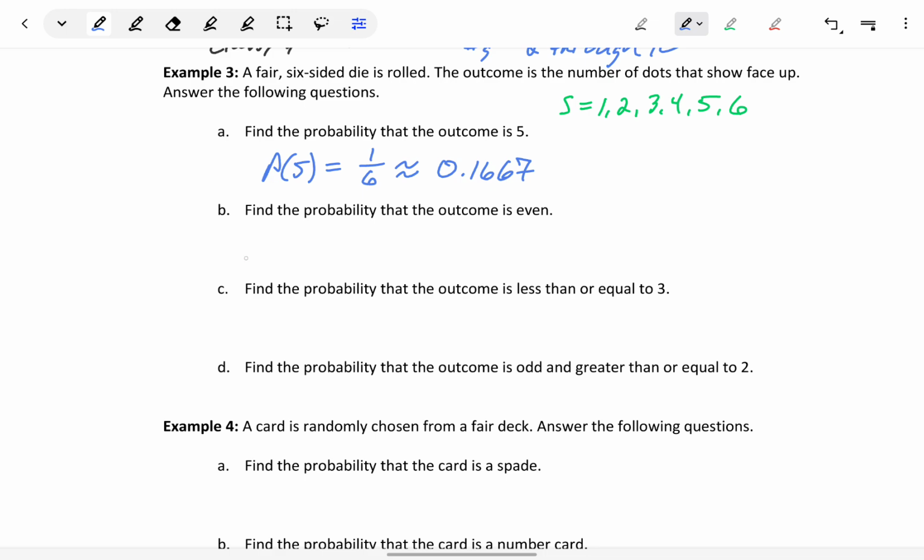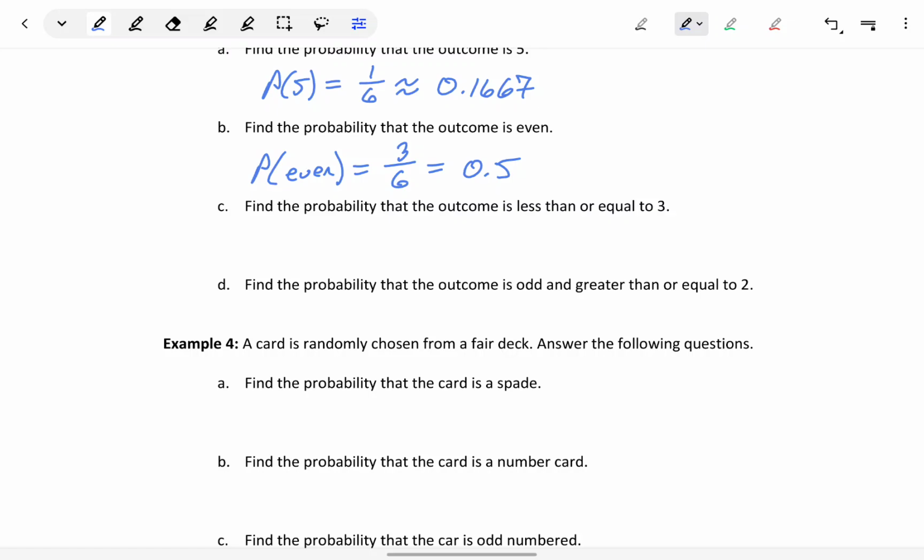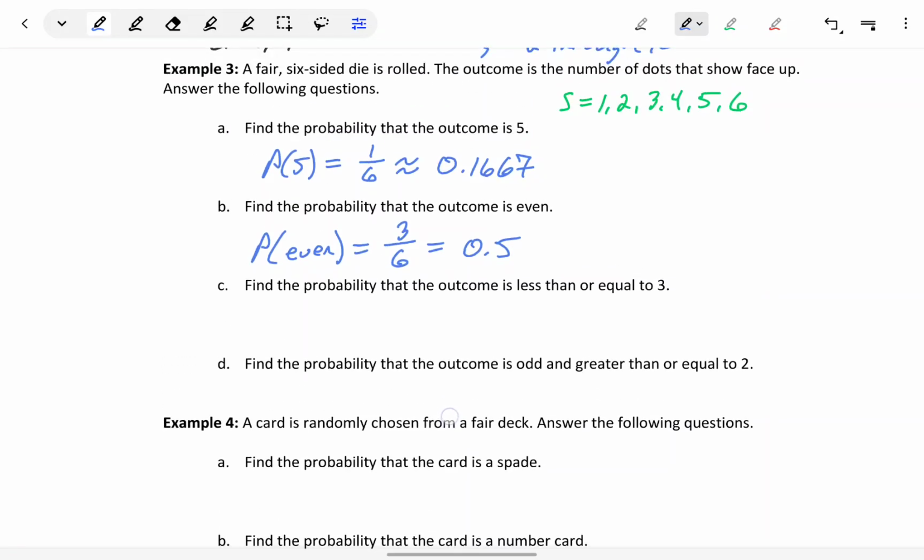In part B, we're asked to find the probability that our roll is an even number. We have 3 even numbers, 2, 4, and 6. So there are 3 ways to get that success out of 6 possibilities. So our probability is 0.5. In part C, we want to find the probability that the outcome is less than or equal to 3.